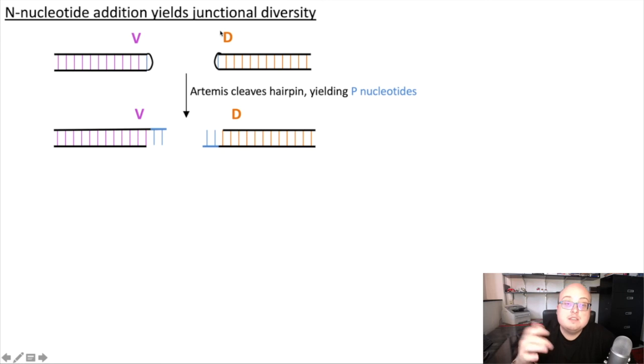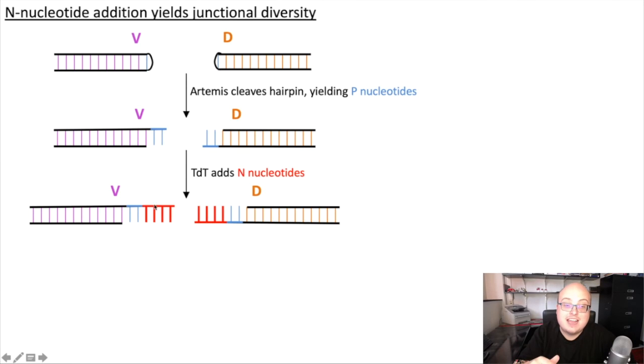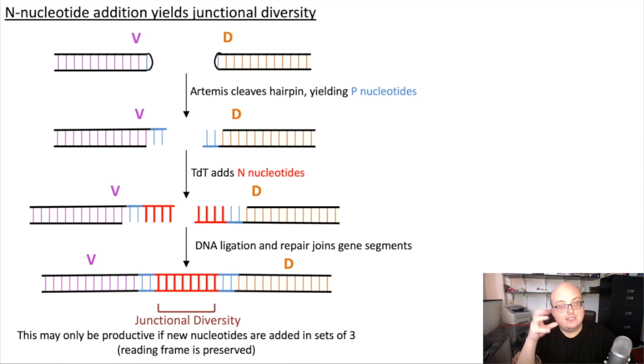Summarizing what we just saw, Artemis cleaves the hairpin, which yields P nucleotides. These P nucleotides are then added onto by TDT with new nucleotides called N nucleotides. Then we bring the 2 strands back together with the help of DNA repair enzymes, and this creates additional coding within the overall gene, which contributes to what we call junctional diversity.